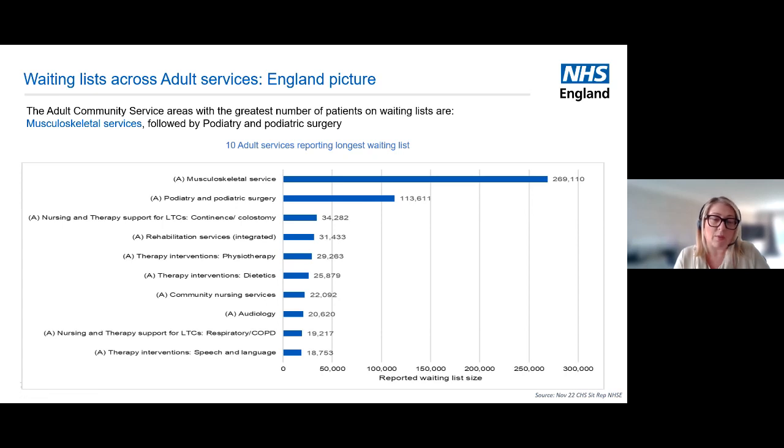We developed a SITREP as part of the restoration of services after the first wave at NHS England. And here's the latest results that we are able to share at the moment from November. And this is not a surprise. This is very, very consistent in terms of after both waves, particularly after Omicron.